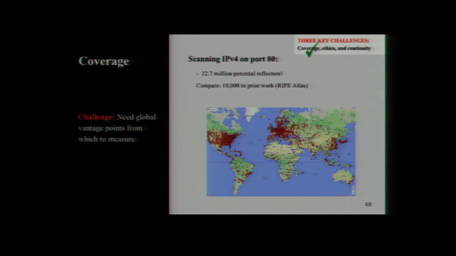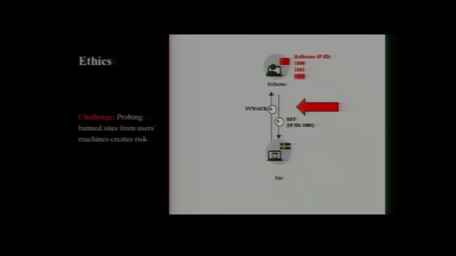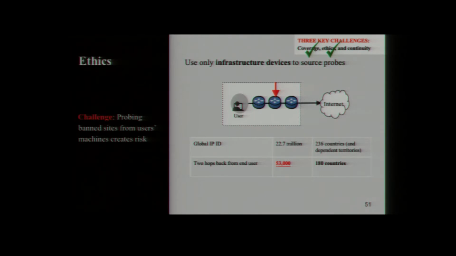The second best case we have is 10,000. You might say that there is some traffic, some SYN-ACK and reset, that you're generating between the reflector and the site, and if there is a DPI between these two and it's sensitive, it might still cause an ethical issue. Well, I agree, and for that reason, we're not running measurements from end IPs.